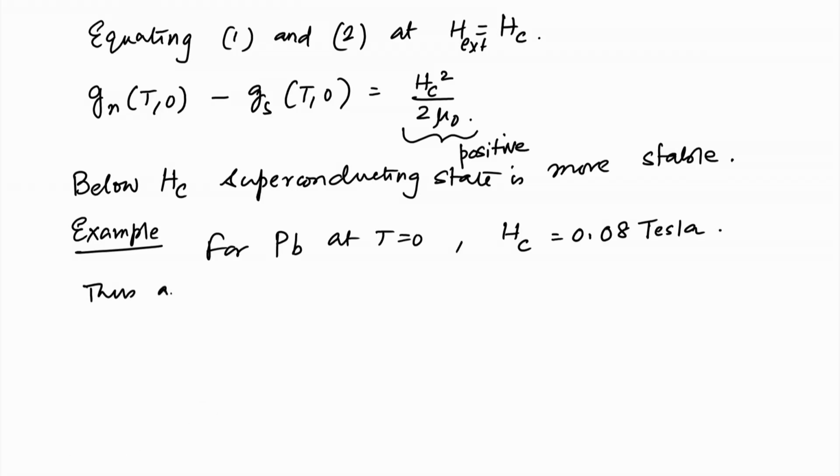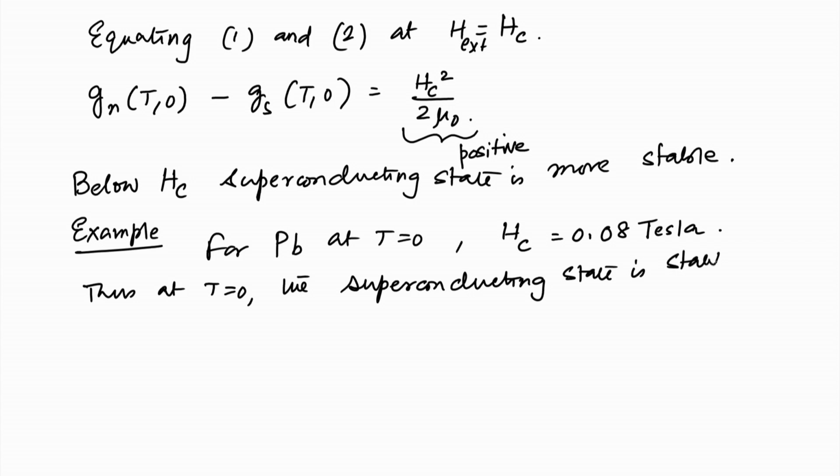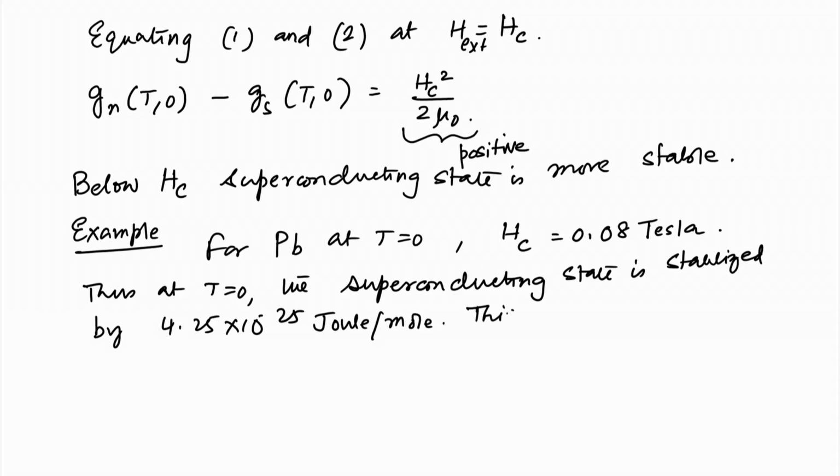Thus, at T equal to 0, the superconducting state is stabilized by 4.25 into 10 to the power minus 25 joule per mole, and this is really a small energy.